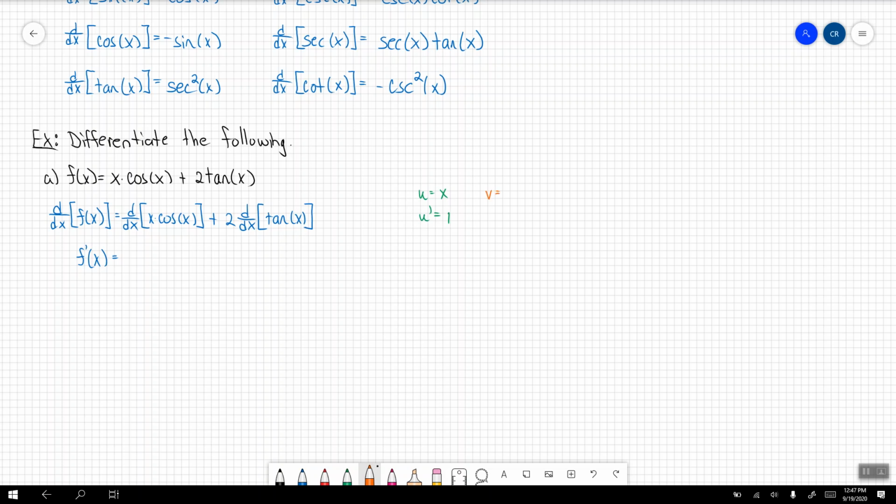My v is going to be cosine of x, and the derivative of cosine of x, in other words v prime, is going to be negative sine of x. Okay, so now to take this derivative, we're going to use that derivative product rule.